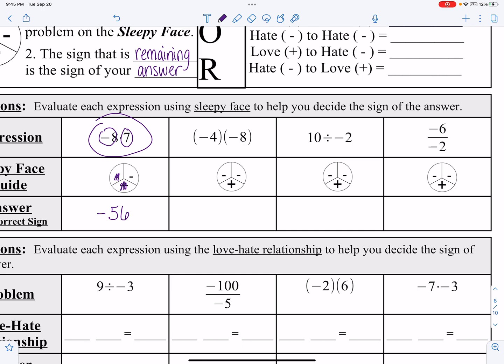Now I do want you to start to realize another easy trick is if you can just remember that if you have opposite signs, like a negative and a positive or a positive and a negative, both of those are always going to equal a negative answer, okay?